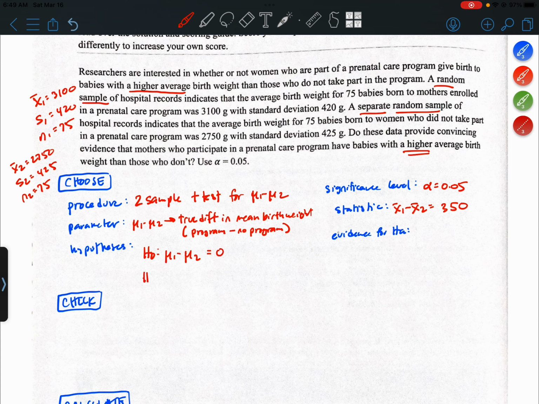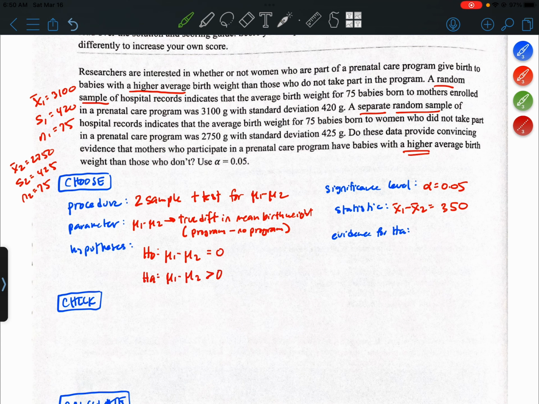The alternative hypothesis is mu1 minus mu2 greater than 0, which is equivalent to saying that babies from the prenatal mothers have a higher mean birth weight than the other group of babies.